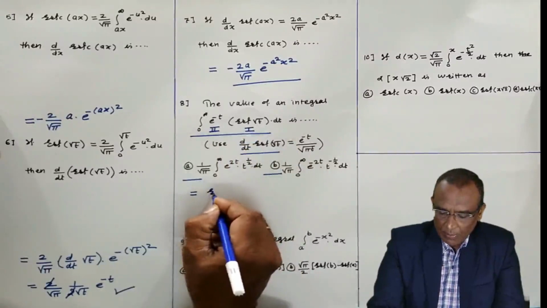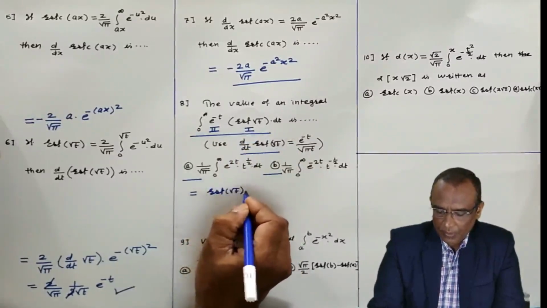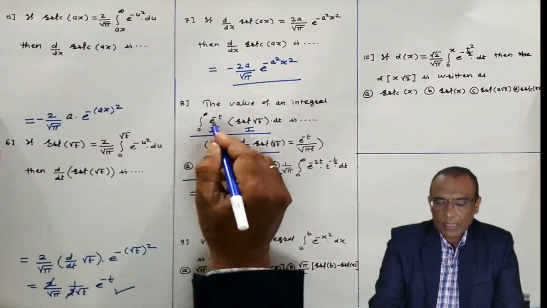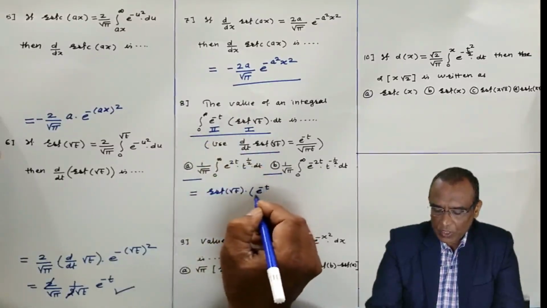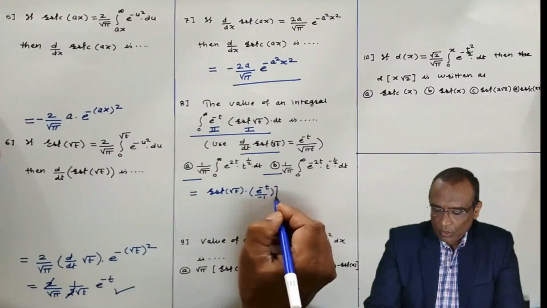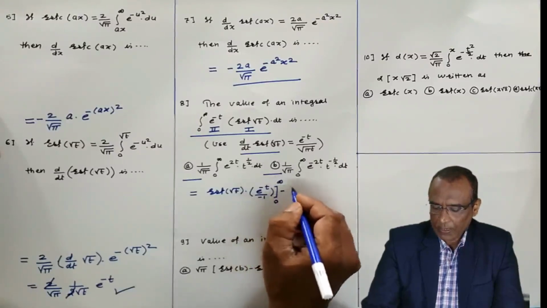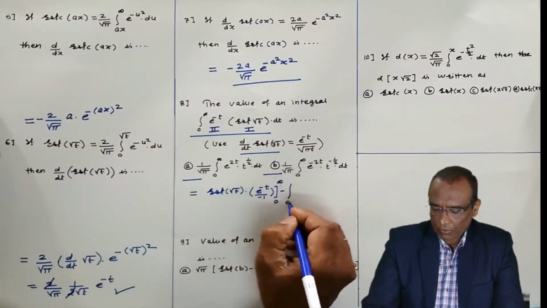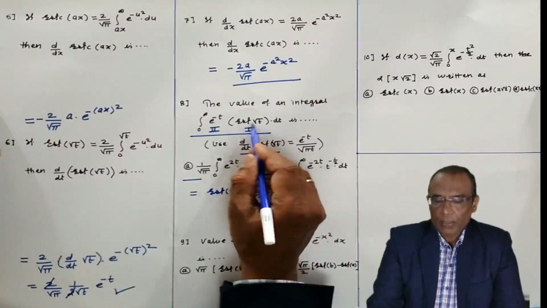This is the first function, and the exponential function is the second function, always in integration by parts. What is integration by parts? First function into integral of second function. The integral of e to the power minus t with respect to t is this one. Lower limit is 0, upper limit is infinity, minus integral of the derivative of the first function.